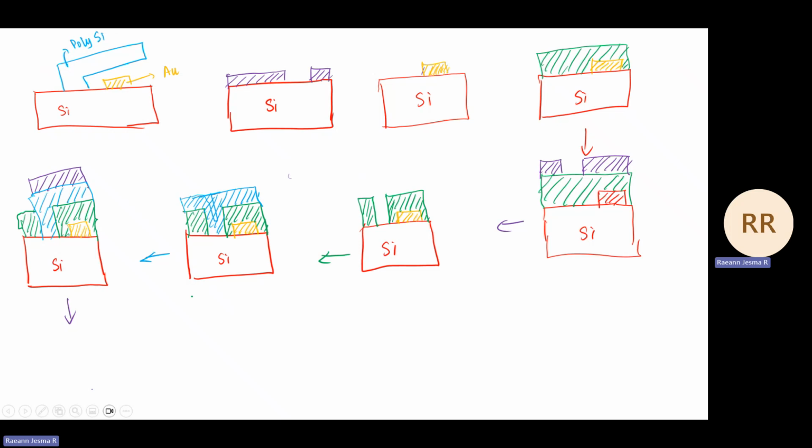Once this is done, you just have to remove the sacrificial layer, and then you will have the cantilever structure.